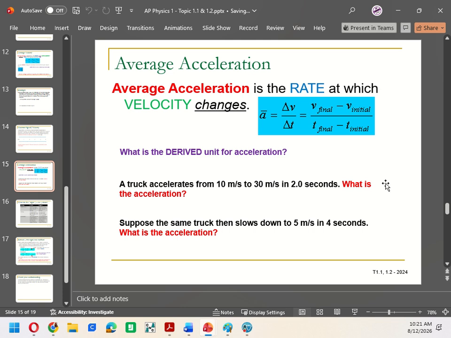Because we would start over here. But we're just talking about that second part, from the point where the truck slows down. When the truck starts slowing down, he was at 30 meters per second. From here, it goes from 10 meters per second up to 30 meters per second, and from that point, it goes down to 5 meters per second. So it speeds up and then slows down. We're just talking about from 30 to 5 as the acceleration from there to there. Does that make a little bit better sense? Yeah.